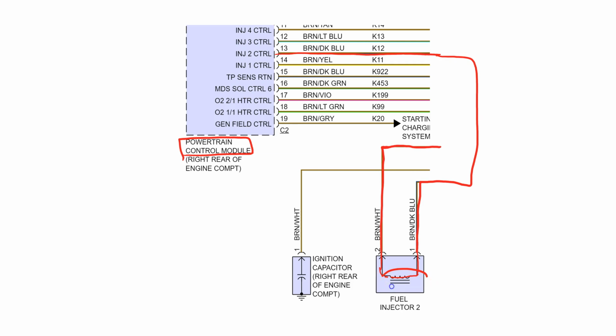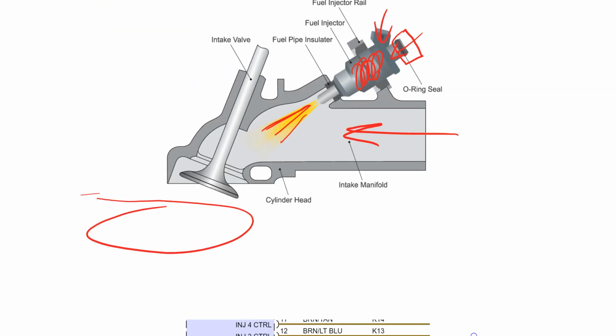You can see this is a symbol for a solenoid, where current flows in here, goes around a bunch of windings and then out, and action happens. It's an actuator, so something physical has to happen, and that action is that the injector opens and allows fuel to spray in behind the intake valve.